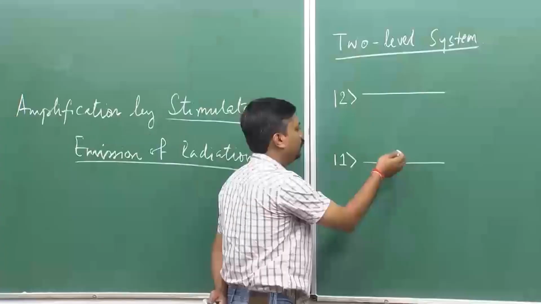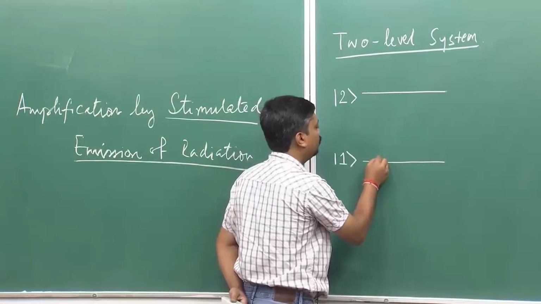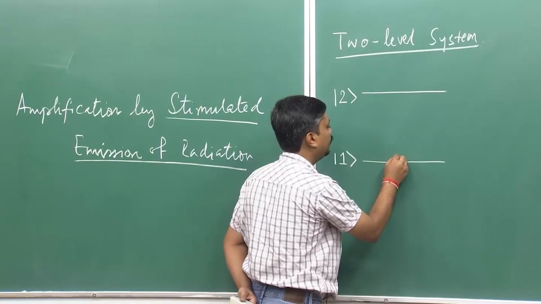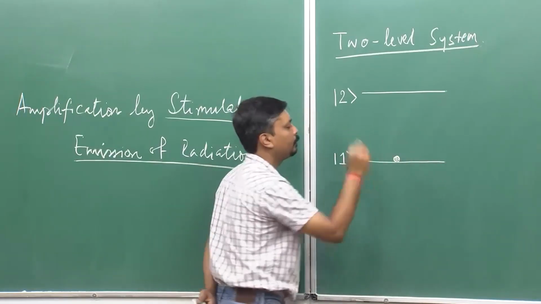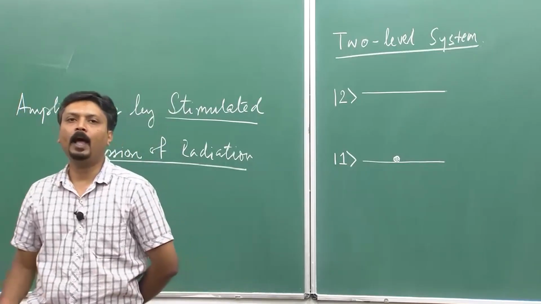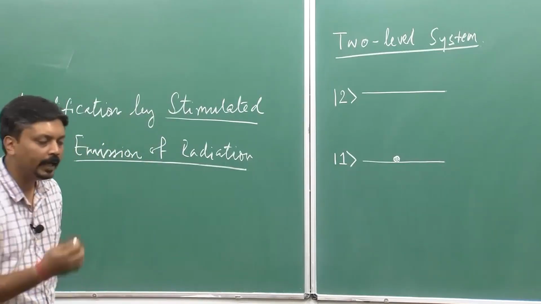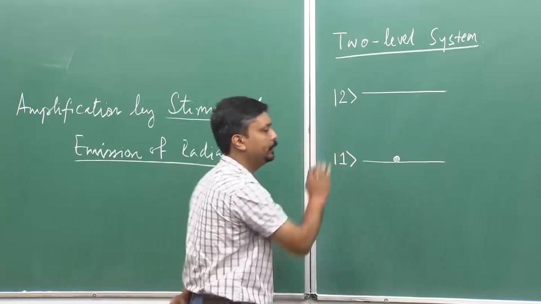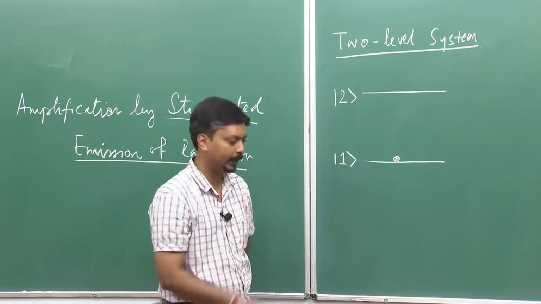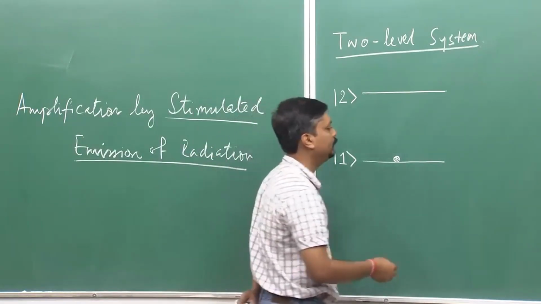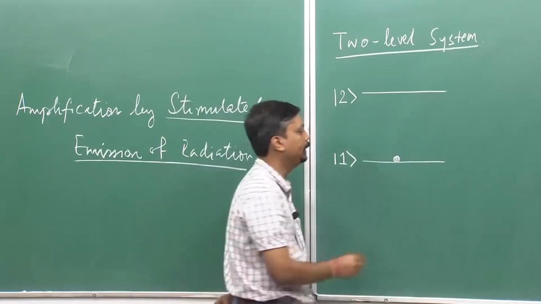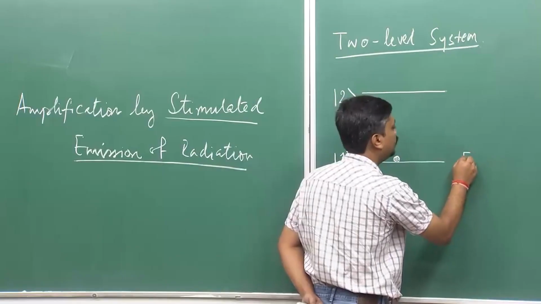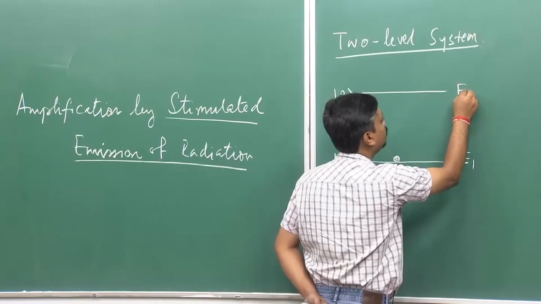So, the electrons in an atom can reside in ground state. Now, what happens when we shine light into this system consisting of two states? And also one more thing I need to specify here, that the energies of the two states are given by E1 and E2.